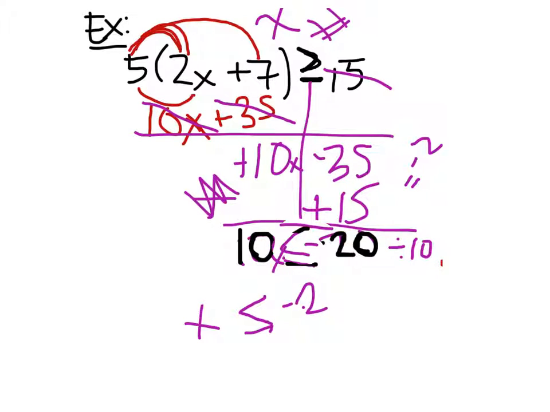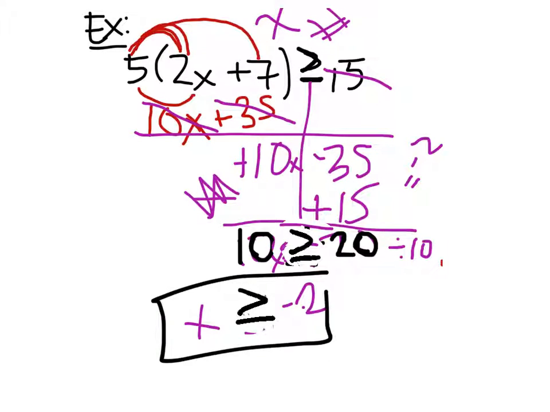Okay, so let's fix that. And then we'll fix this one as well. So it should have stayed. Since the 10 was positive, it just stays. Bam. There you go.